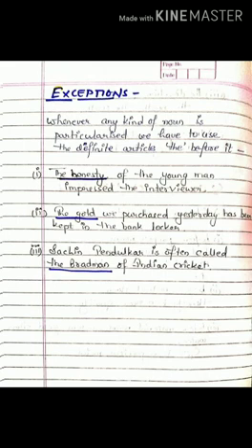Now there are some exceptions. Whenever any kind of noun is particularized, we have to use the definite article the before it. Some examples: the honesty of the young man impressed the interviewer.